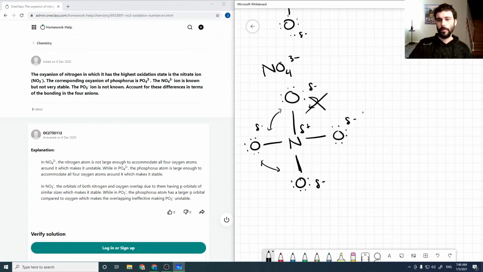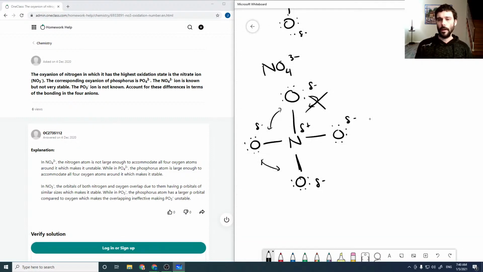And for NO4 3-, we can't access this hypervalent property for nitrogen, and so we've just got massive charge aggregation on the oxygens, which would cause quite a bit of repulsion and cause the molecule to fall apart.